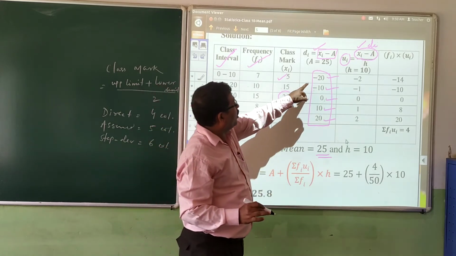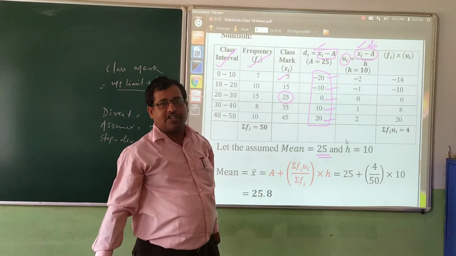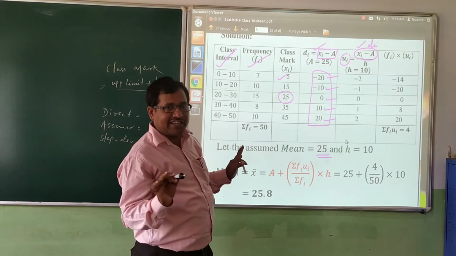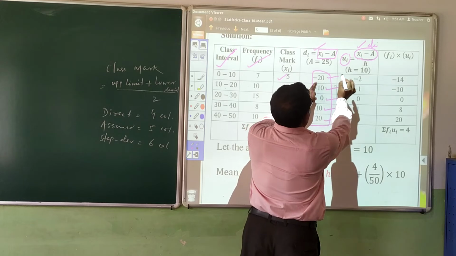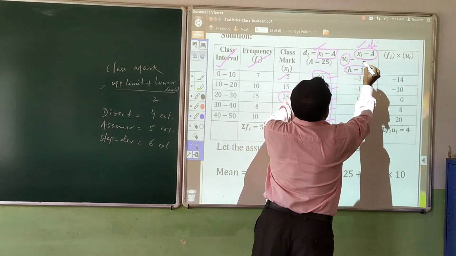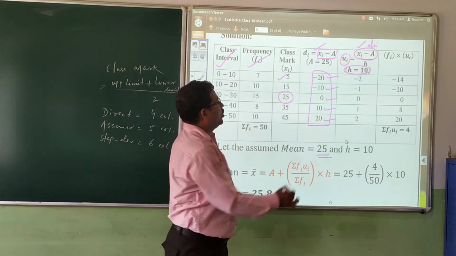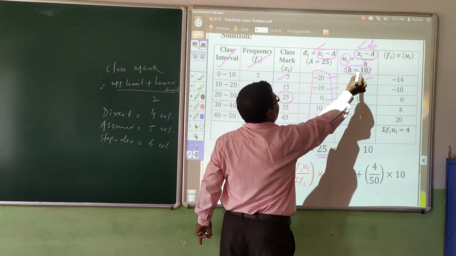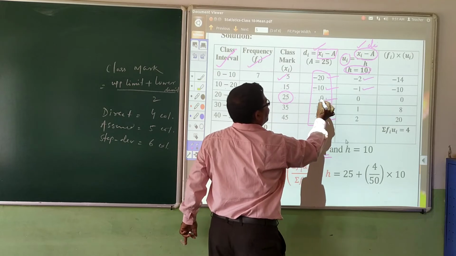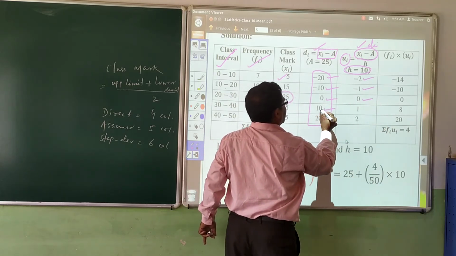Which number will be divisible by all these numbers? Clearly you can see it is 10. That means you can say it is the HCF. So h equal to 10. So minus 20 by 10 is minus 2, minus 10 by 10 is minus 1, 0 by 10 is 0, 10 by 10 is 1, 20 by 10 is 2.